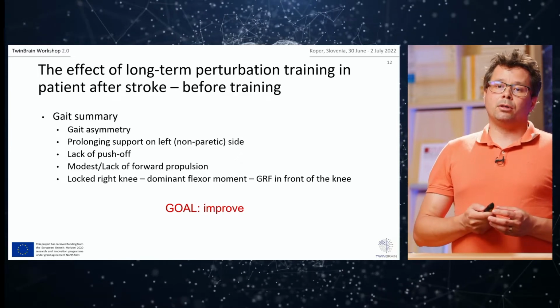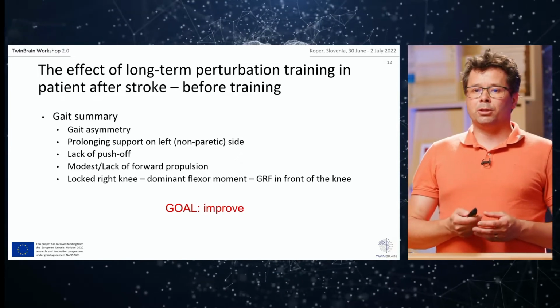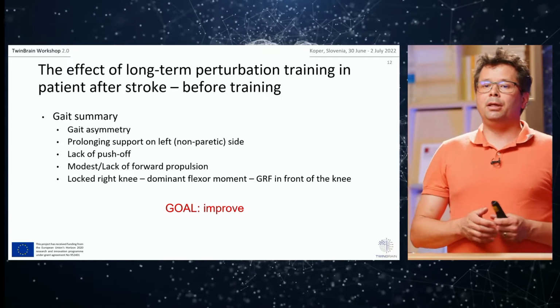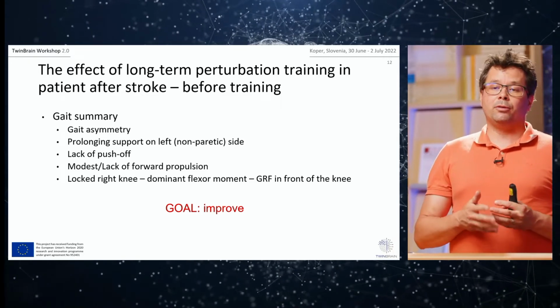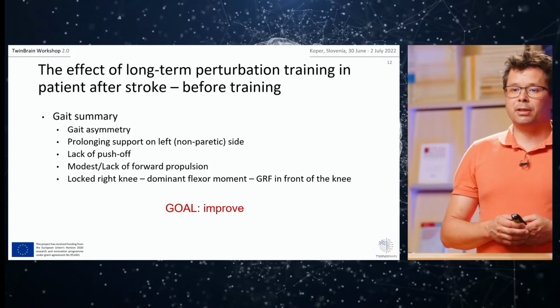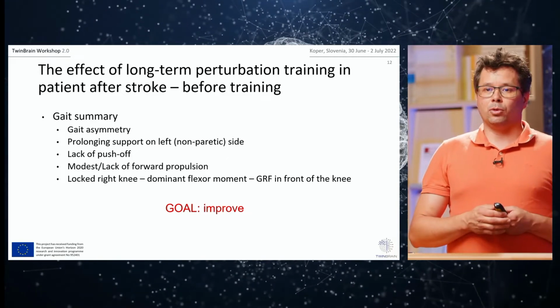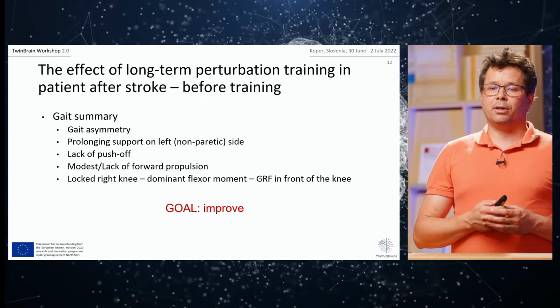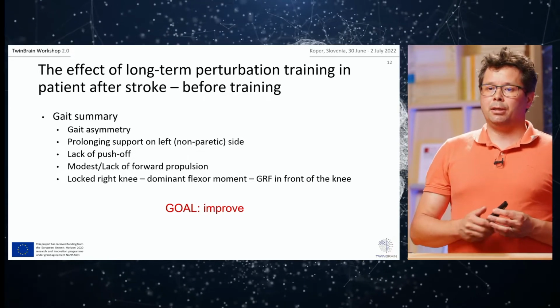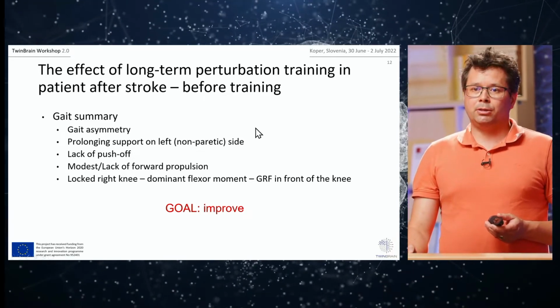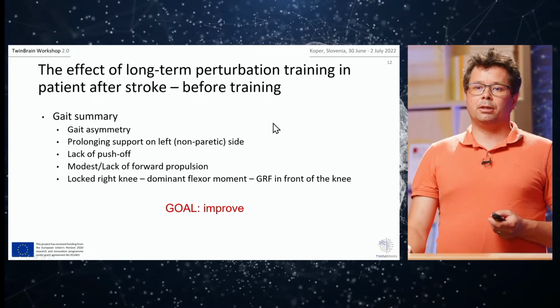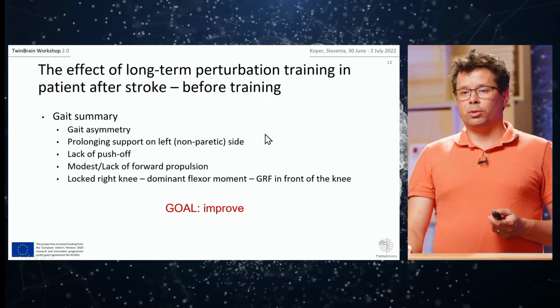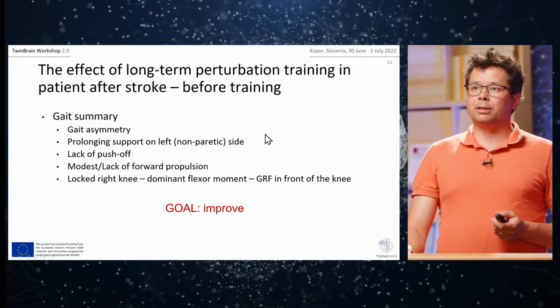There is a modest or lack of forward propulsion, and the right knee has quite limited range of movement during the stance phase. So let's say it's almost locked, and that is why the ground reaction force is in front of the knee joint, and for this reason we notice a dominant flexor moment present in the knee joint throughout the stance phase.